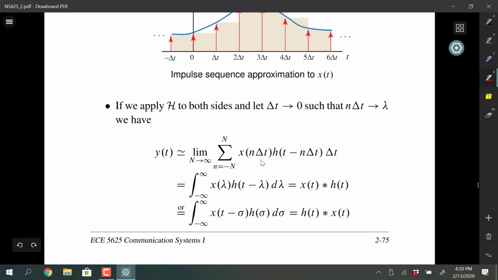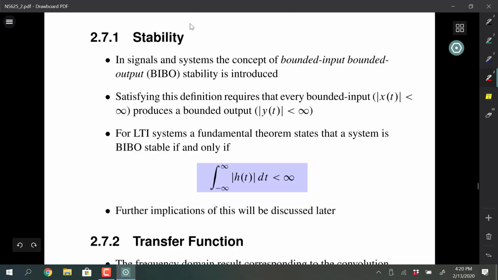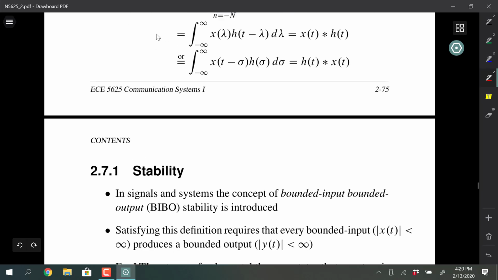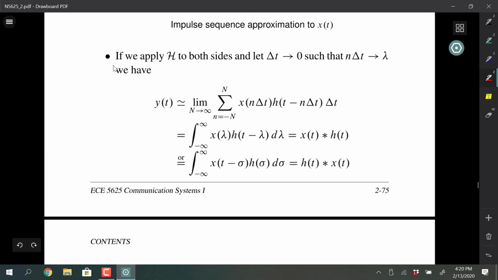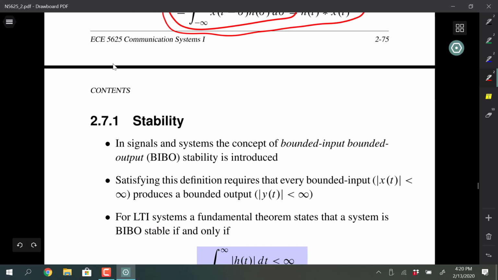So this is different from that because now we have a delta t in here because we're approximating an integral. And this is just to give you an idea how a rectangular model can be used. At this point, though, we're just running with this idea that x convolved with h or h convolved with x gives the output y.